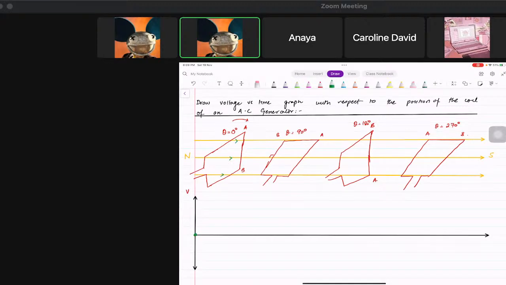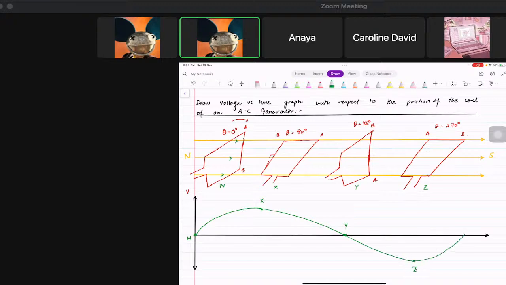So let's say this is X, this position is Y, WXY, we can keep it like that, W, X, Y and Z. At position W it will be 0, at position X it is going to be maximum. Again, at position Y it is going to be minimum, and at position Z it is going to be like that, and then it will continue like this.